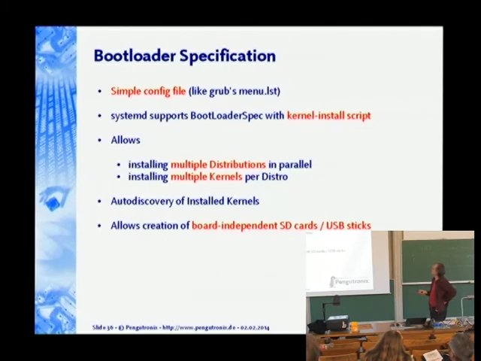And you can even have multiple kernels per distribution, and all that is just described with a config file. The bootloader can then auto-discover that, and what we did with that was we had one SD card, and we plugged it into several completely different ARM CPU-based embedded devices, and it can just boot.